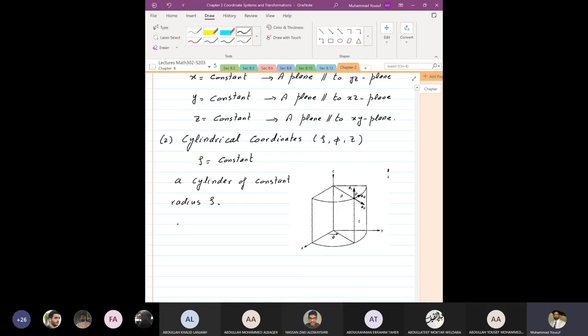Now, number 2 here is phi. Phi is constant, so we are not moving in the circular direction. Rho can be small or big. Z can be small or big. So what do you think this will be?